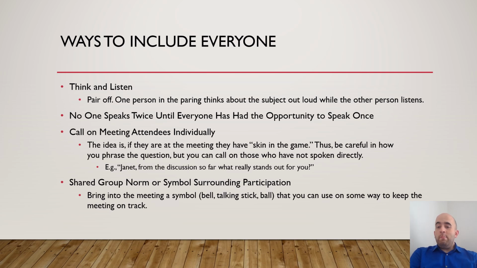If they're quiet, maybe they agree with everything. But still, they have skin in the game. They are there at that meeting. You are sacrificing their time for your meeting. And so you've got to make sure that they are at least bought in, that they at least agree or can form an opinion about something in the meeting that's really important to them.